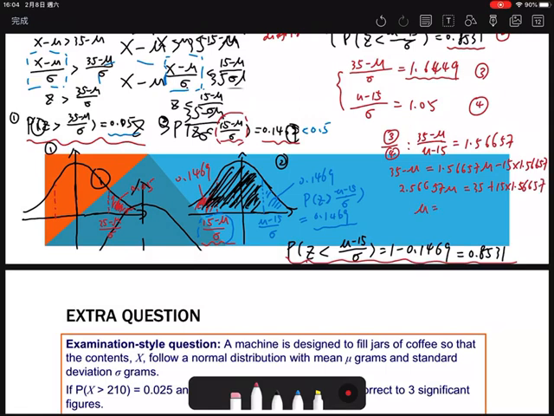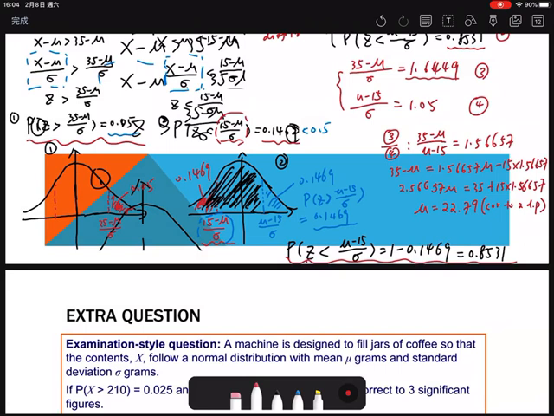So the value of mu is (35 plus 15 times 1.5657) over 2.5657. So it should be 22.79, correct to 2 dp.